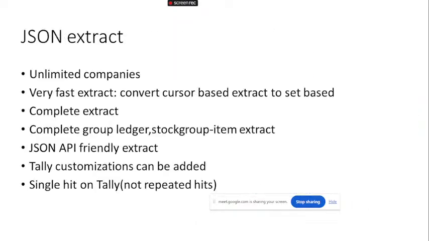Okay, so I have shown you here. The JSON extract, which I think you had contacted me about, was done for unlimited company. Unlimited company means Alt F3, simple and straight. Unlimited time period, which is Alt F2. All group hierarchy, which is F4.